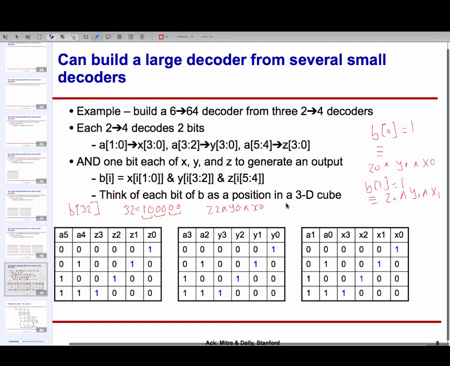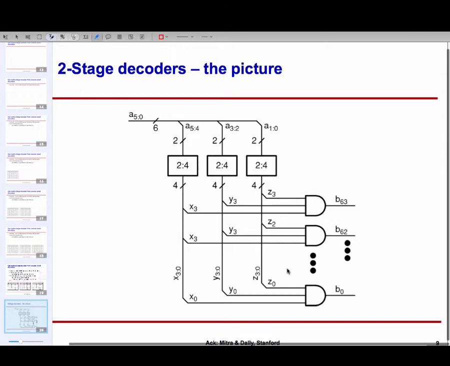So in stage 1, I use these low-level decoders, and then I combine their outputs in all possible 64 ways. Obviously I'll need a supply of AND gates to pull this off, but that would be the strategy. You see that I took my 6-bit input and fed it into 2-to-4 decoders.